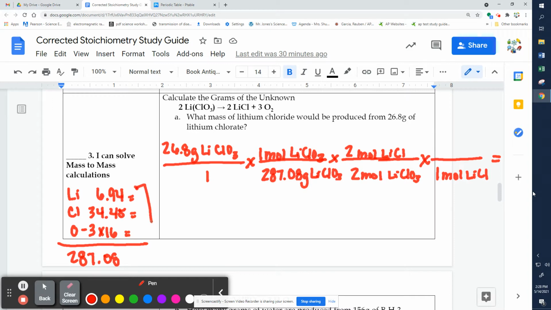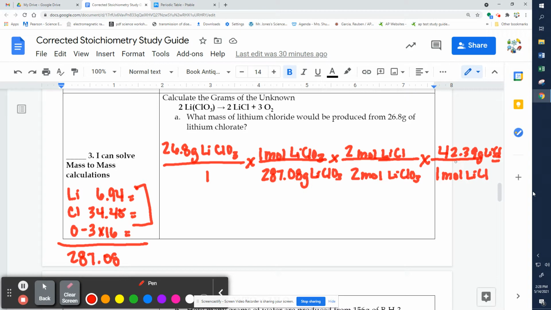So that is just these two, my lithium and my chlorine, 6.94 plus my 35.45, to get 42.39. And that's grams of LiCl.